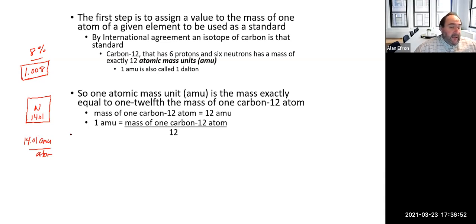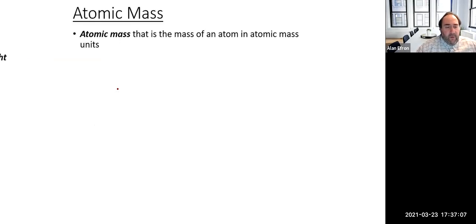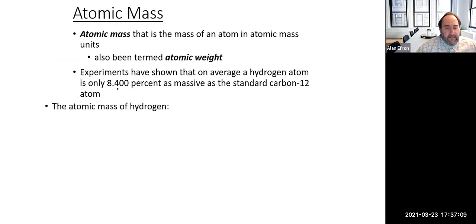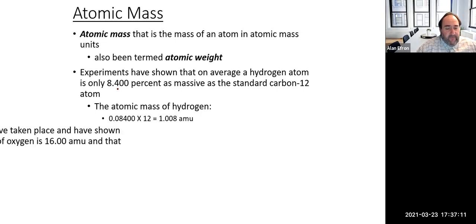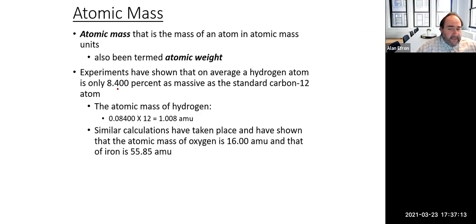We'll later see that that's pretty much equivalent to what is known as the molar mass in grams per mole, but we can use it as atomic mass units per atom. So sometimes atomic mass is referred to as atomic weight.